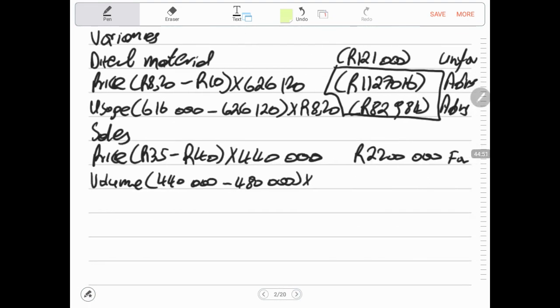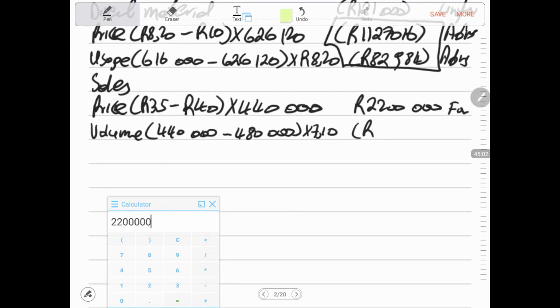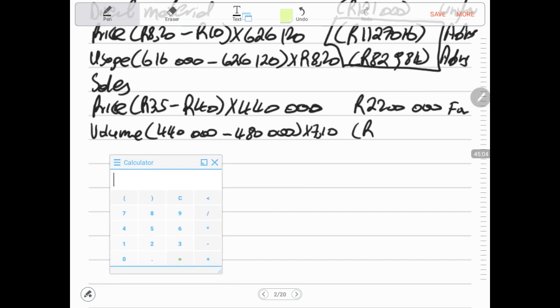Please don't forget that. So we multiply this by 710 cents, and it will give us an unfavorable variance because we sold fewer units than we anticipated, though we sold them at a higher price. Therefore, 440,000 minus 480,000, then multiplied by 710 cents, gives a total of 284,000 rands, and this is unfavorable.